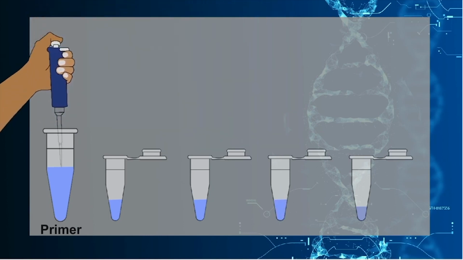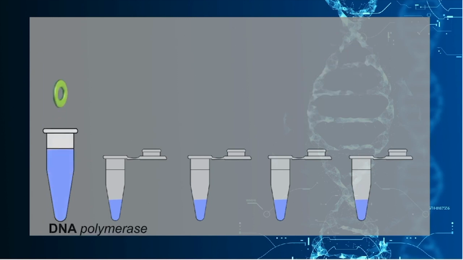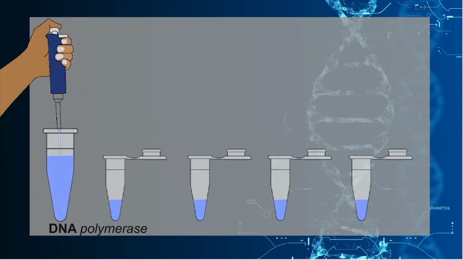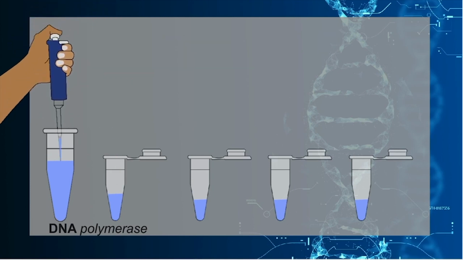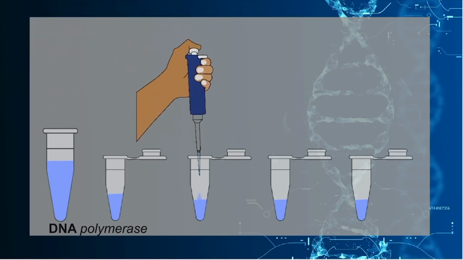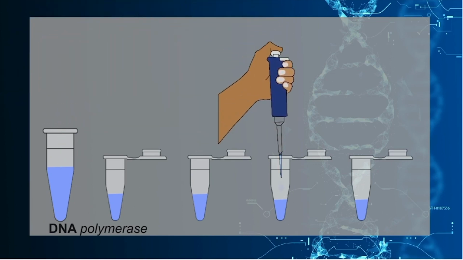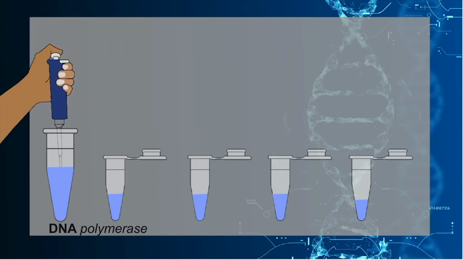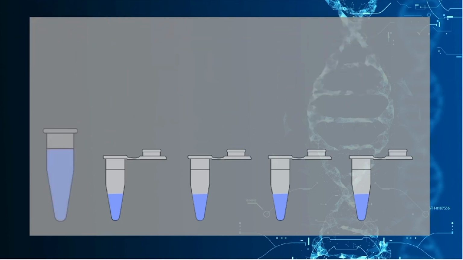If you remember, we said that you have to divide the reactions into 4 reactions. And then you have to add the DNA polymerase into each reaction, so reactions number 1, 2, 3, and 4. And once you have added the DNA polymerase into the 4 reactions, then you are going to add the nucleotides.